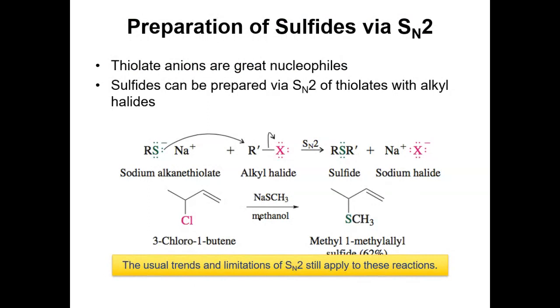The sulfide preparation is usually done just like a sulfur version of Williamson ether synthesis, and basically you use a thiolate, the conjugate base of a thiol, reacting with an alkyl halide. This sulfur version is more forgiving when it comes to what kind of alkyl halide you can use. I hope you recall what kind of alkyl halide you can use in a Williamson ether synthesis.